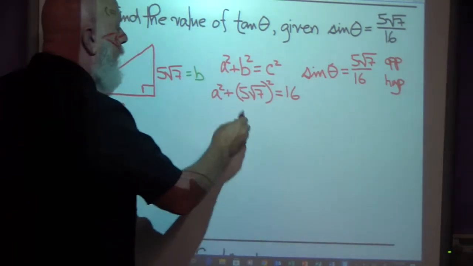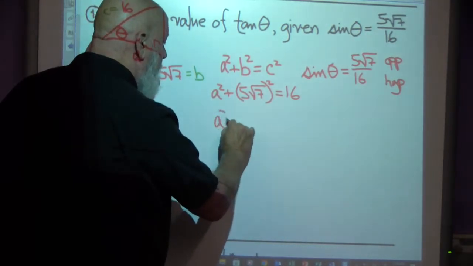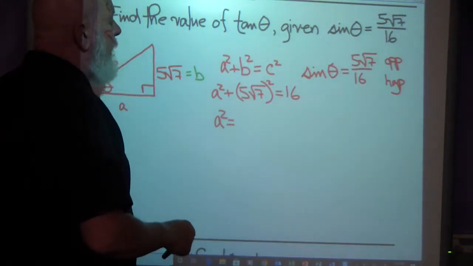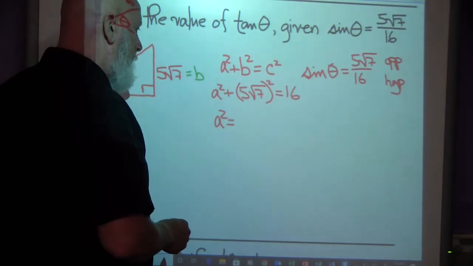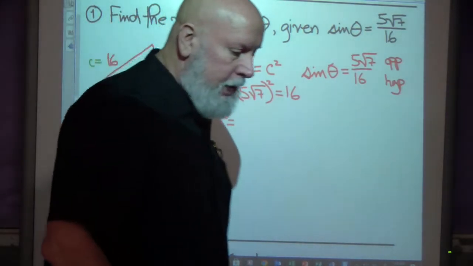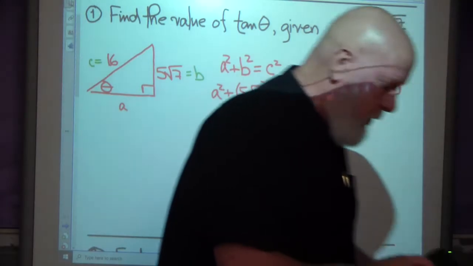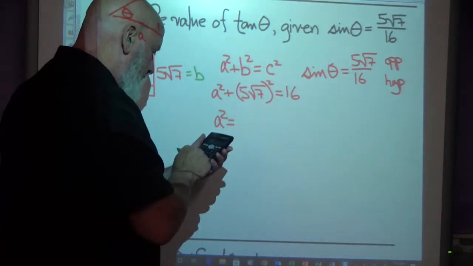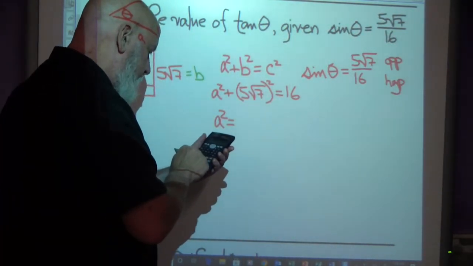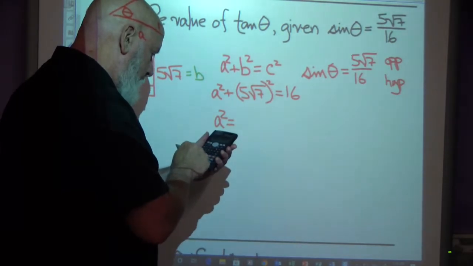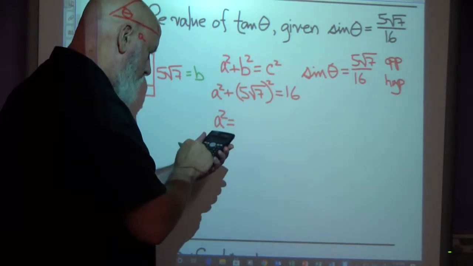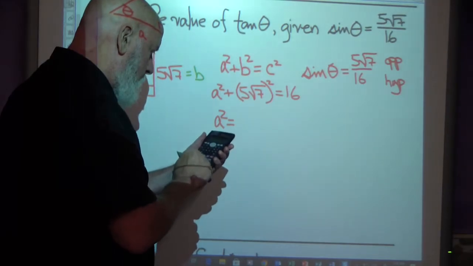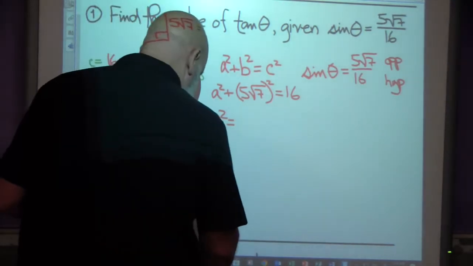There we go. This will be A squared plus, that's 25 times 7. That would be, what is that, 175? Let me do that with a calculator to make sure. Yeah, 175.